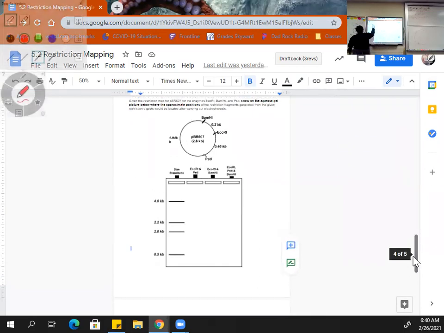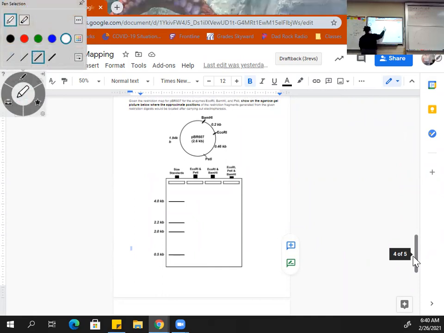So when we are looking at our EcoRI and PstI, we are going to get rid of BamHI. That doesn't cut. So we have an Eco, we have one piece that is here and one fragment that is here.